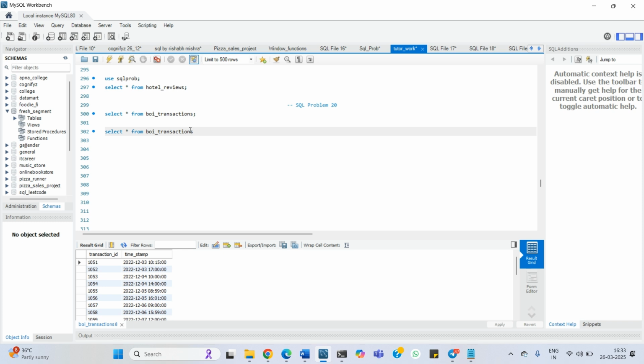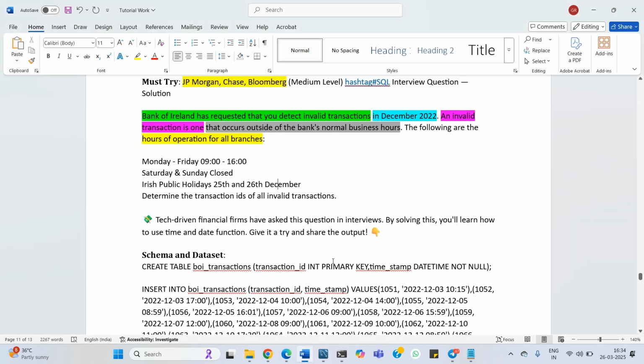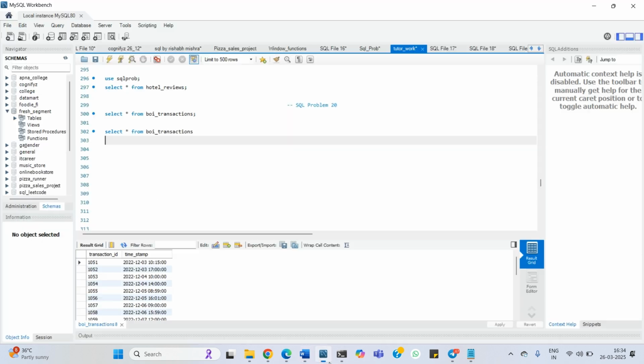First I'll apply a filter on the month and year, because it says to find only December 2022. So we have to select the records where the month is December and the year is 2022.